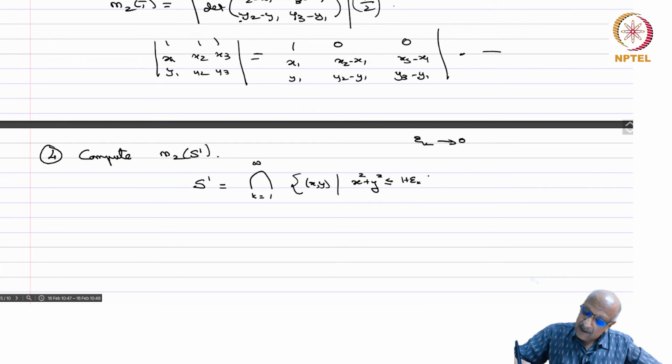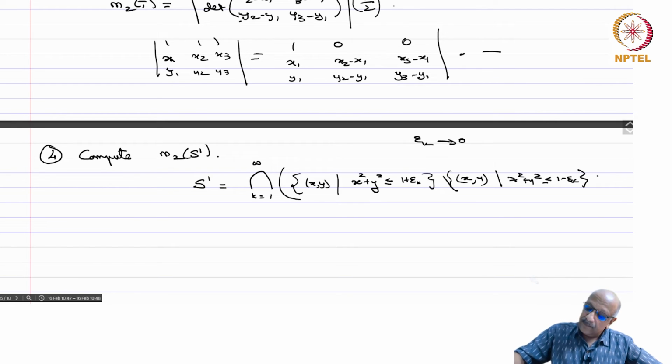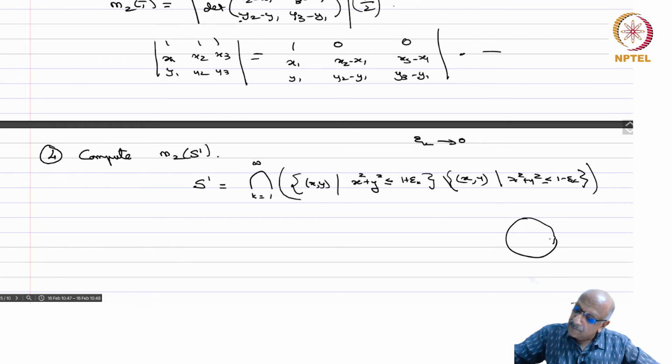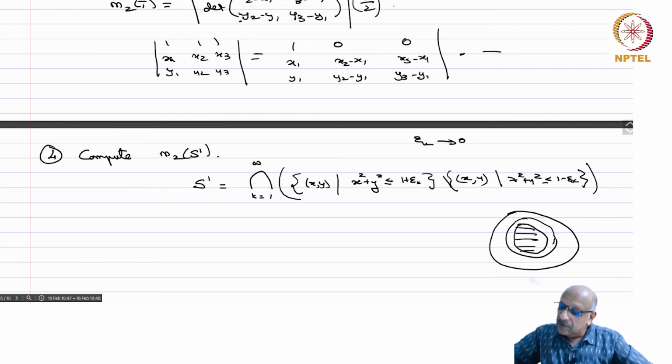minus the set of all (x,y) such that x square plus y square is less than or equal to 1 minus epsilon k. So you take the unit circle and then you take a circle of slightly smaller radius and slightly bigger radius, and then you remove this, and therefore it is the intersection of all these.